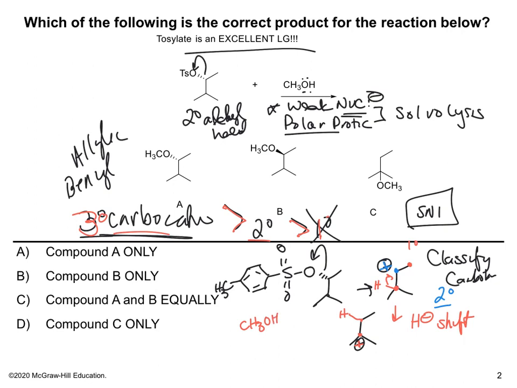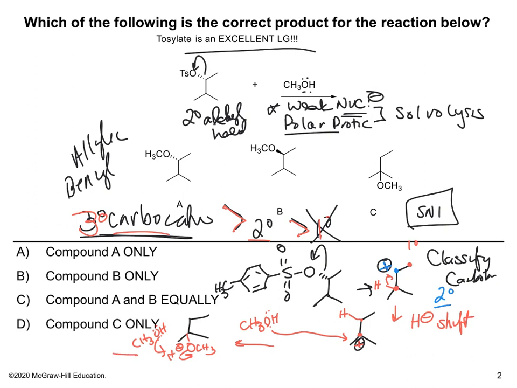Your weak nucleophile will come in to this carbon here, and you get OCH3. You do still have this proton there, and then another methanol will do a deprotonation.